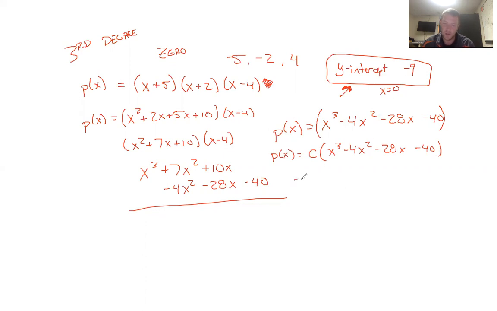So I'm going to plug in negative 9 is equal to c, and then instead of the x's, I'm going to plug in 0. So 0 cubed minus 4 times 0 squared minus 28 times 0 minus 40. And I need to solve for c. So negative 9 is equal to c times 0 minus 0 minus 0 minus 40.